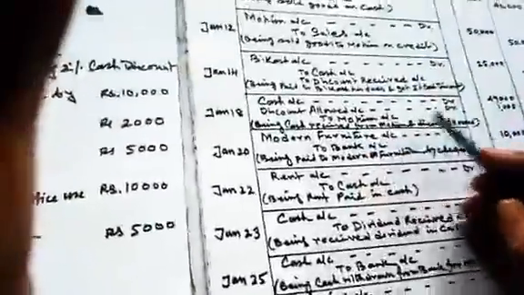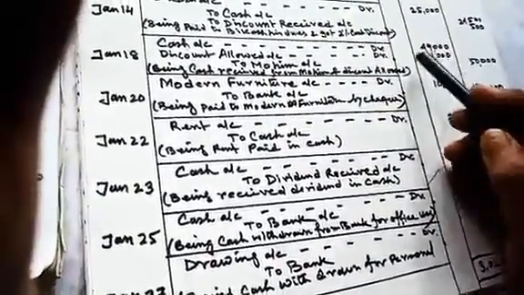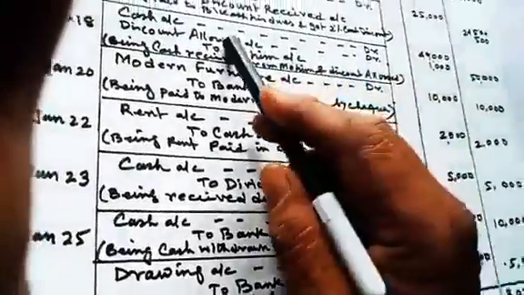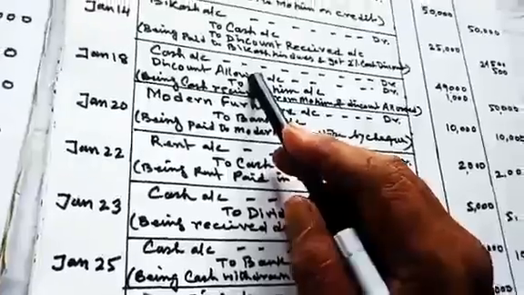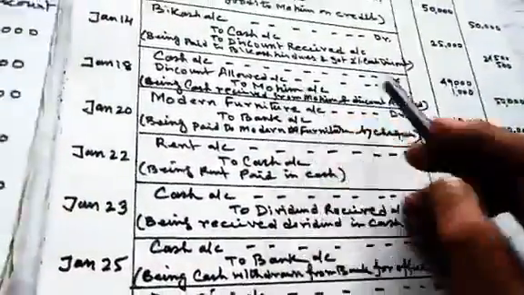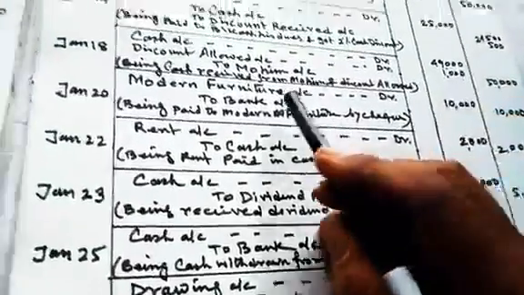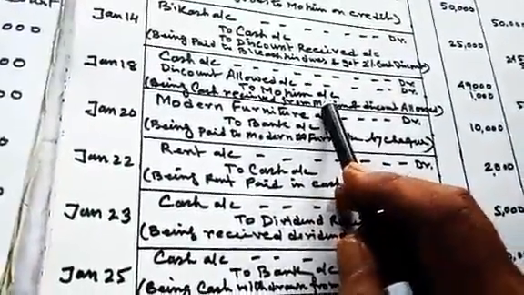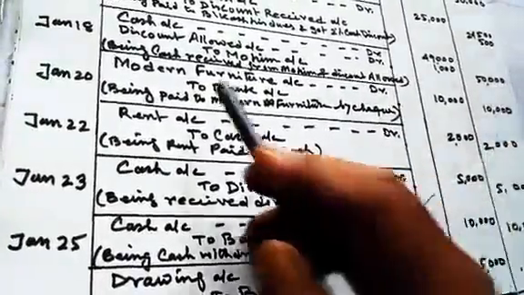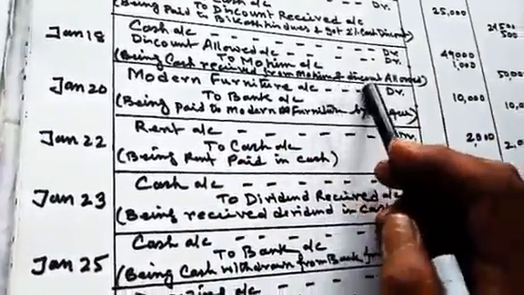So the discount you are allowing is 1,000. From 50,000, 1,000 less, that is 49,000 you are getting from him. So cash is debited 49,000. Discount allowed is debit 1,000. To Mohim account 50,000. Being cash received from Mohim and discount allowed.